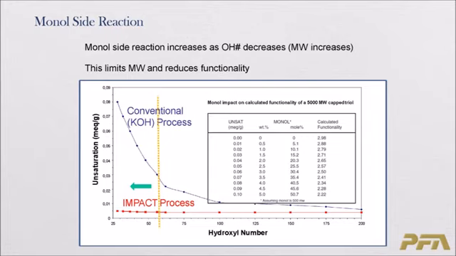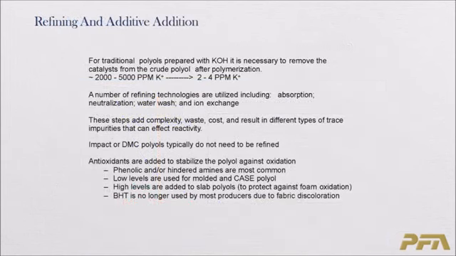So when we typically talk about functionality, we're talking about the nominal functionality of the starter, but what's also important is the true functionality, and by using that new technology, IMPACT, you can make a much higher functionality, much closer to the theoretical functionality, regardless of the hydroxyl number.